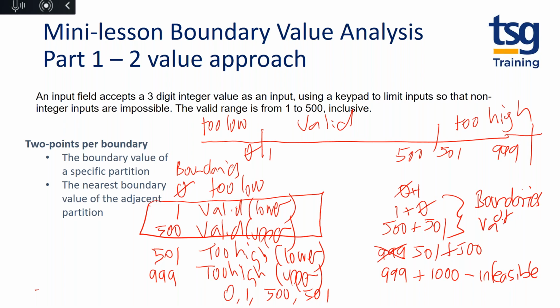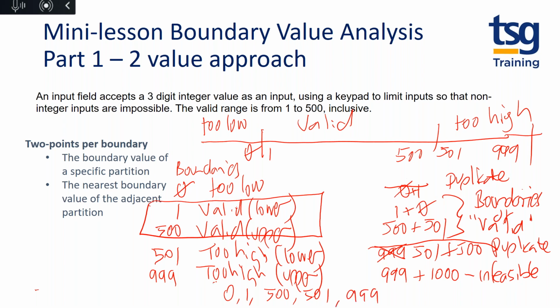I won't bother testing 0 and 1 again because that's a duplicate, and I won't bother testing 501 and 500 again either. If I wanted to introduce some negative testing, I might include 999 as well.